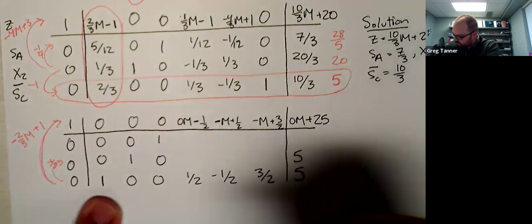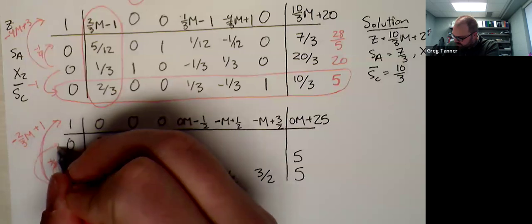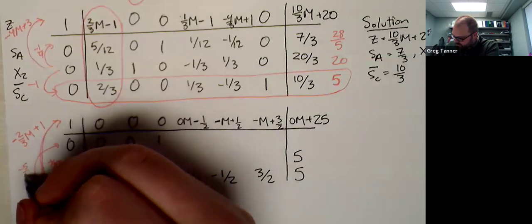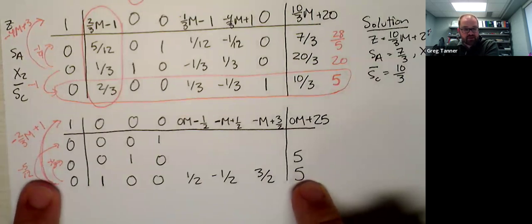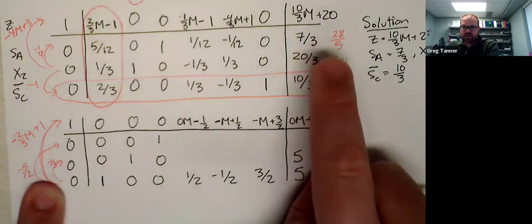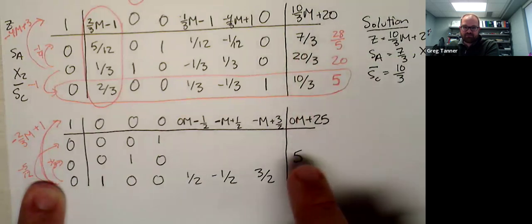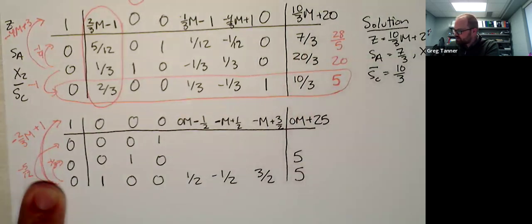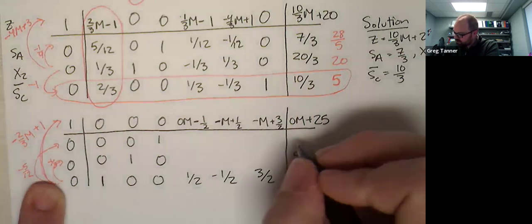And then if I want to cancel out this 5/12, I'll multiply by minus 5/12 and add it up. And so 5 times negative 5/12 is going to be negative 25/12. And if I add that to 7/3, 7/3 is 28/12. Minus 25/12 leaves me with 3/12, and 3/12 is 1/4.